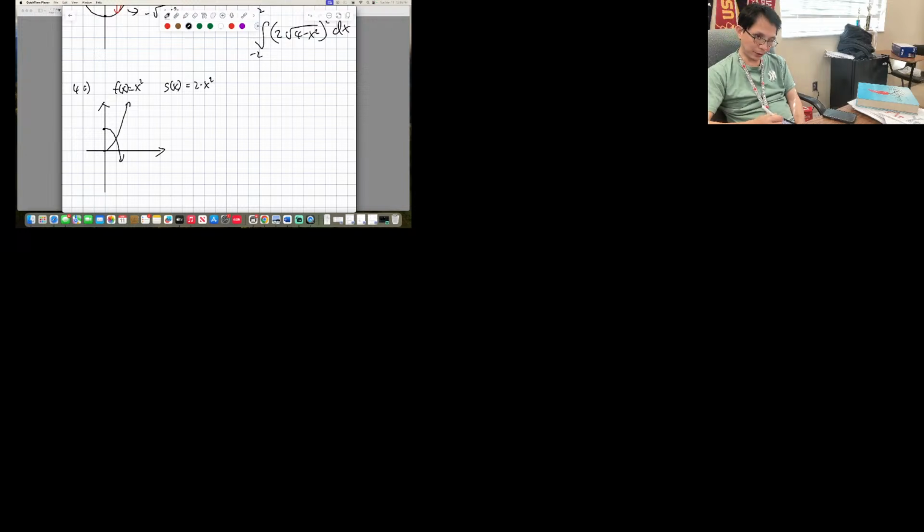Oh, it's everywhere, so it's going to be like this and like this, right? So that's going to be between -1 and 1. The difference of the graphs is 2 minus x squared minus x squared. Is that right? And then, what kind of shape is it? Circle, so it'll be squared times pi over 4 and dx. And then you're done.